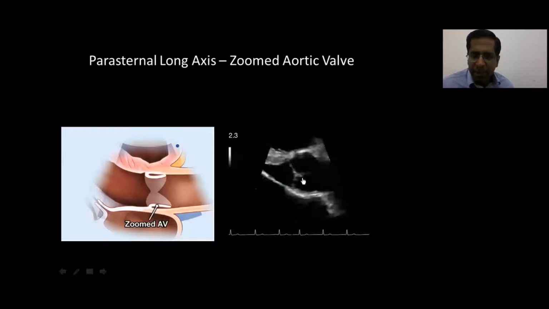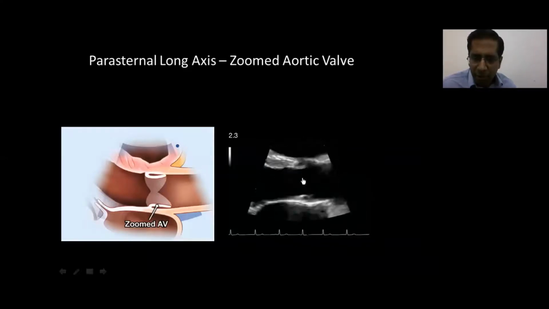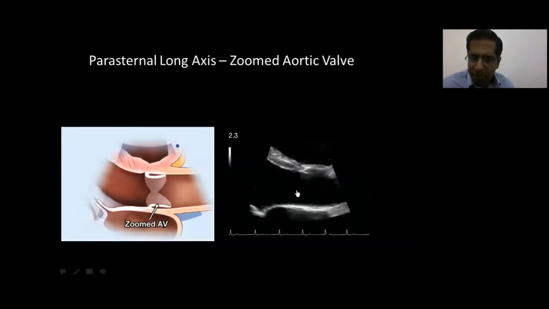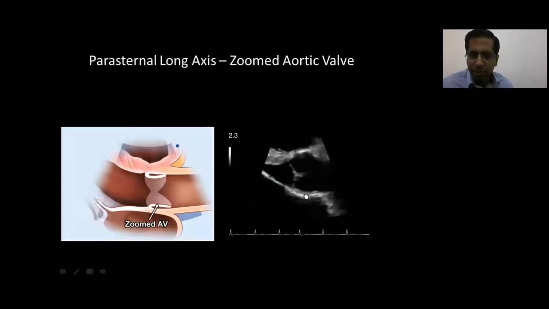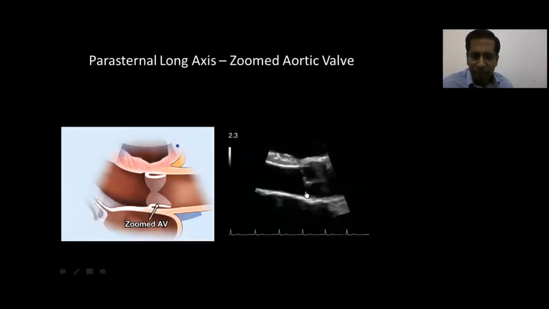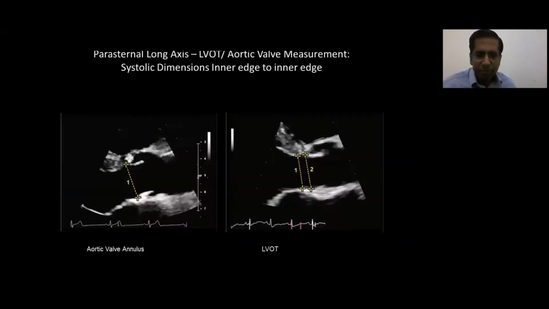Never measure in any small unzoomed view. Measurements are likely to be wrong. Again, to recap, this is the right coronary cusp, and this particular cusp could either be the non-coronary or the left coronary cusp. So these are images taken from the guideline, wherein this shows the aortic valve annulus at the hinge point.